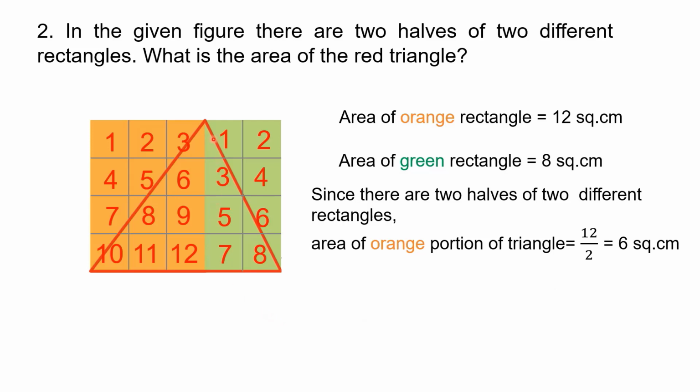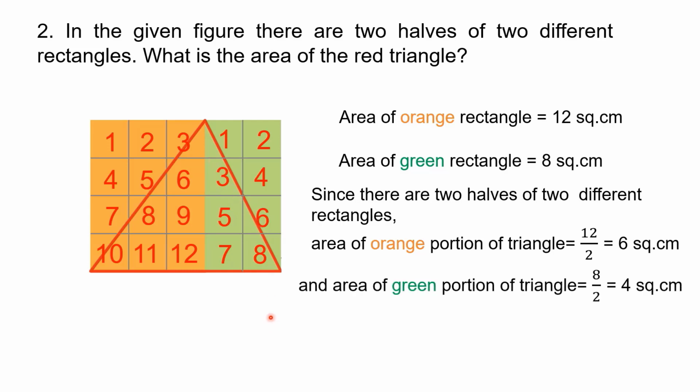So, the area of the orange portion of the triangle is 6 square centimeters. Let us find out the area of the green portion of the triangle. That is 8 divided by 2 equals 4 square centimeters.